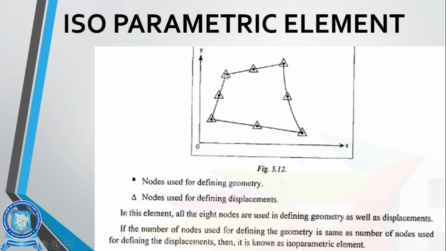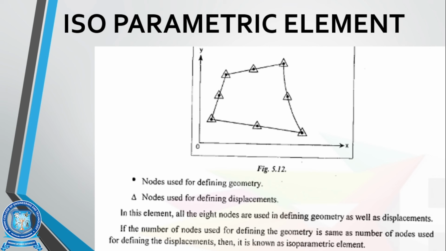The nodes shown as dotted nodes are defining geometry. The nodes shown as triangular nodes are defining displacements. In this isoparametric element, all the 8 nodes are used in defining geometry as well as displacements.